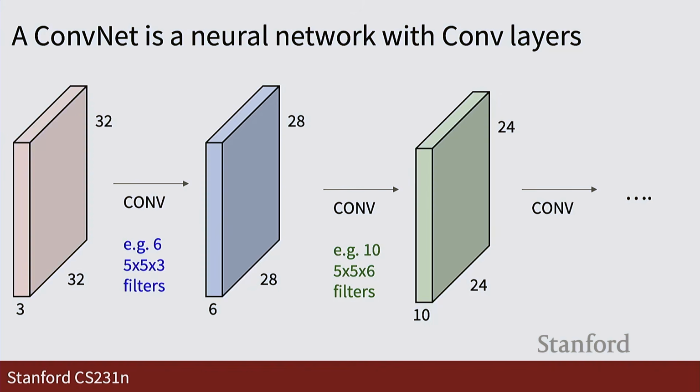Then after we do the first convolution, that gives us a new three-dimensional set of activations for that one image, where we have 6 channels that matches the 6 filters, 28 by 28 because the spatial size changed a little bit through the convolution. Then we have another convolution that now has 10 filters, each of which is 5 by 5 by 6. So the 10 is going to give us the output dimensions in the next layer of the convolution. And this 6 is going to be the number of channels that needs to match the channel dimension of the input to the convolution.